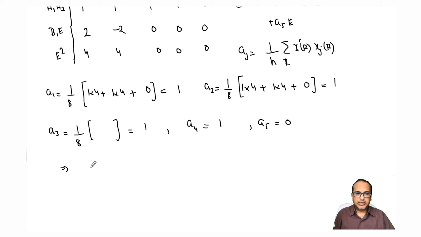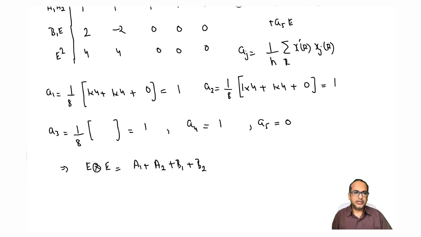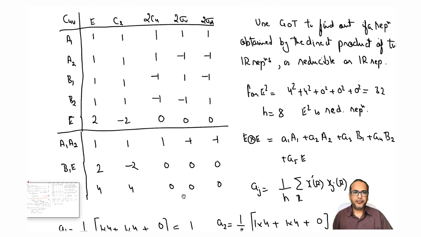So this implies that E direct product E will be equal to A1 plus A2 plus B1 plus B2, and that's all. If we make a sum of the characters, 1 plus 1 plus 1 plus 1 equal to 4, and then again 4.